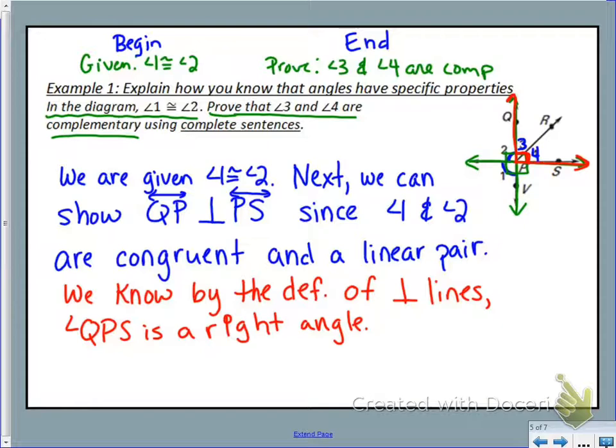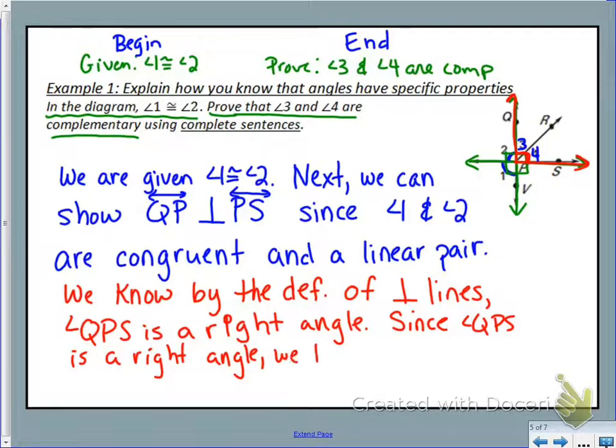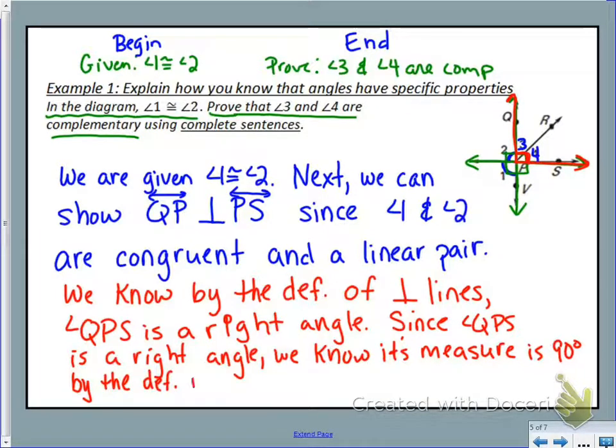So we're going to go on to say, since angle QPS is a right angle, we know its measure is 90 degrees. Now that's what we're claiming. Now we need a justification. And so we know it's 90 degrees by the definition of right angle.